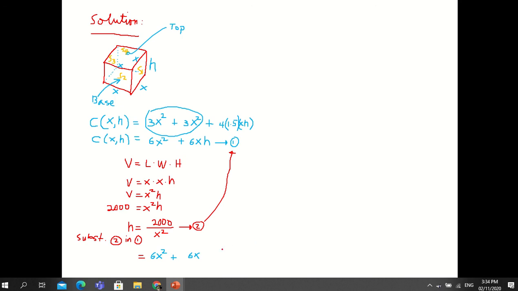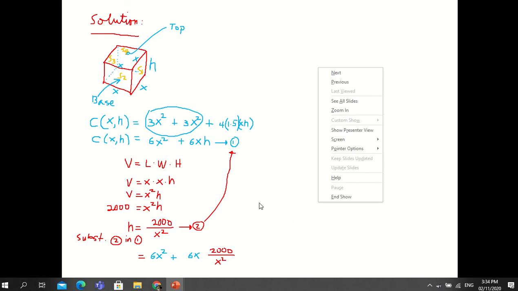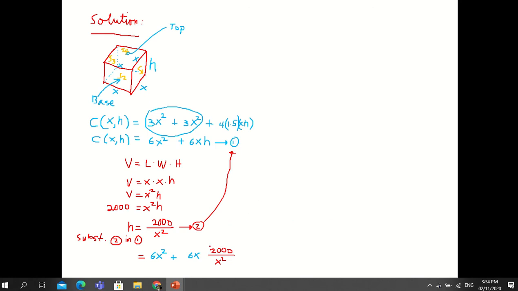Okay, so our h is 2000 divided by x squared. Okay, so now if you look at the right side class, how many variables you can see on the right side? How many variables?